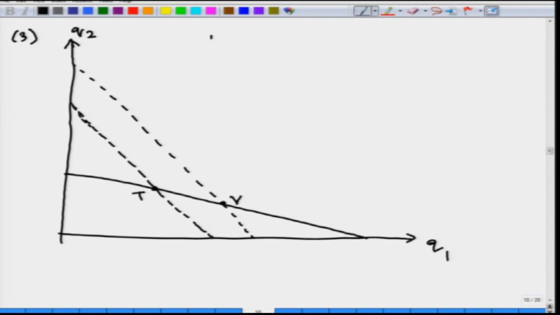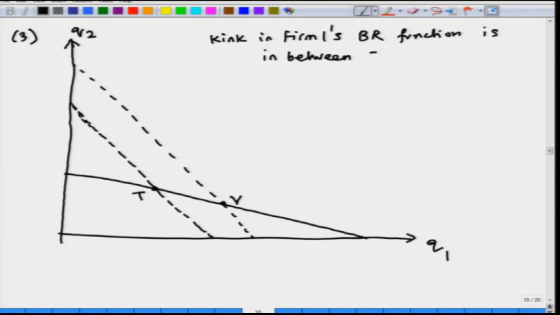So, now the kink in firm 1's best response function is in between T and V. So, in other words think of the K1 bar being such that the best response function for firm 1 is of this particular form, right. So, the kink is somewhere between T and V. So, this is the K1 bar, right.